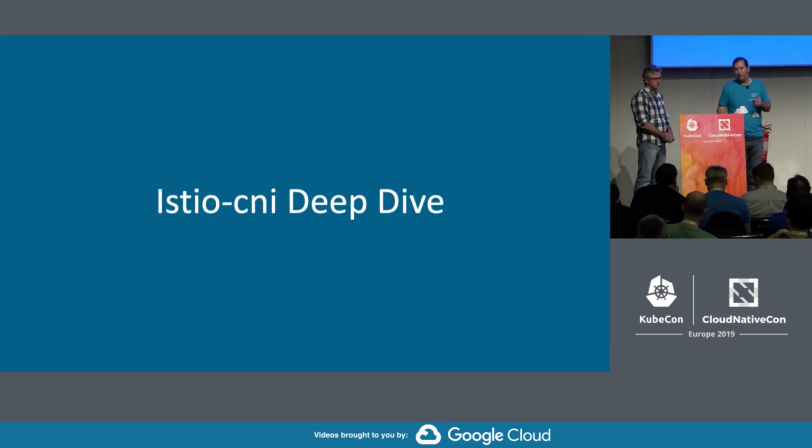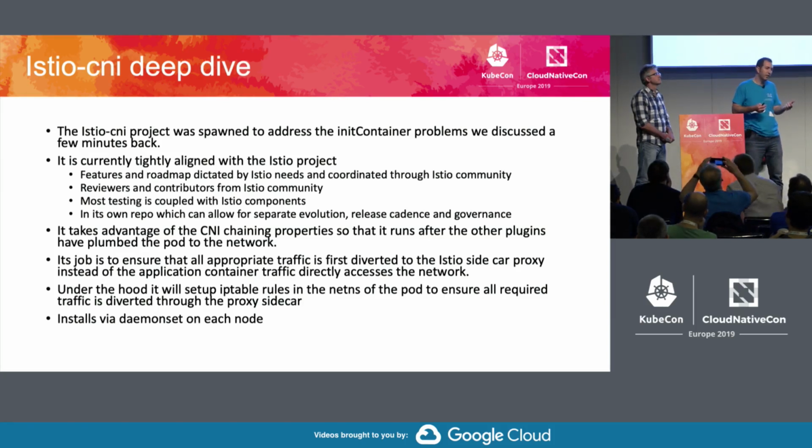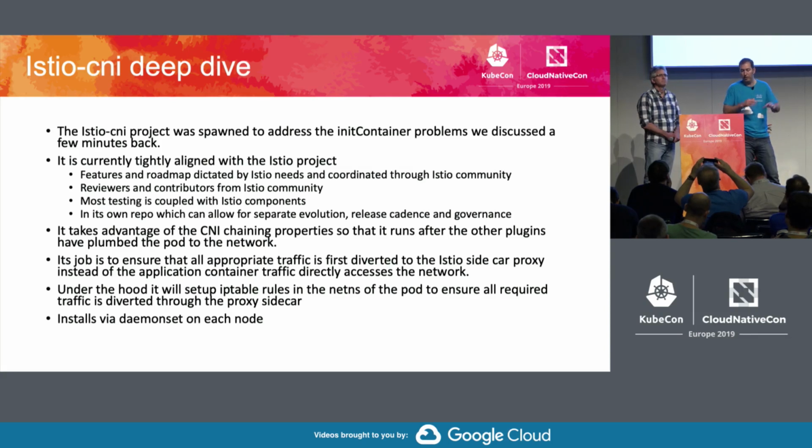So now we're going to talk about Istio-cni. Istio-cni was created because the Istio project had used an init container solution that required netadmin privileges, and that violated a lot of pod security policies or administration, who can do what.